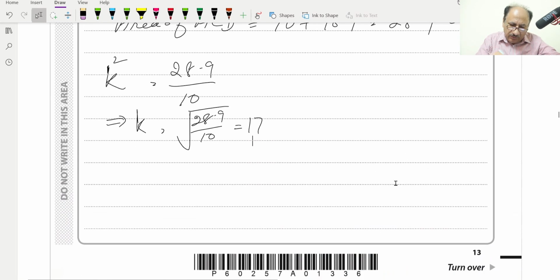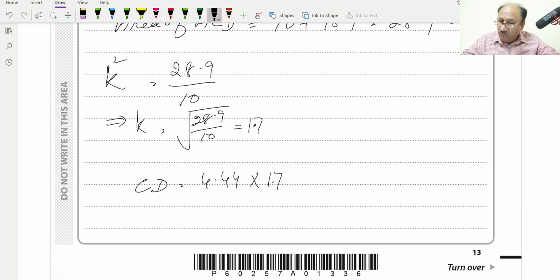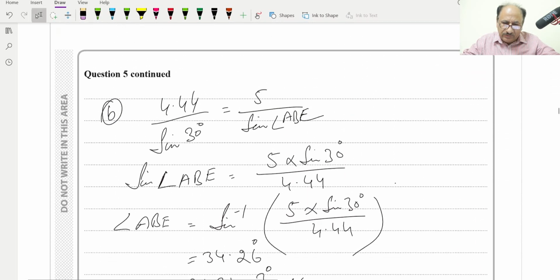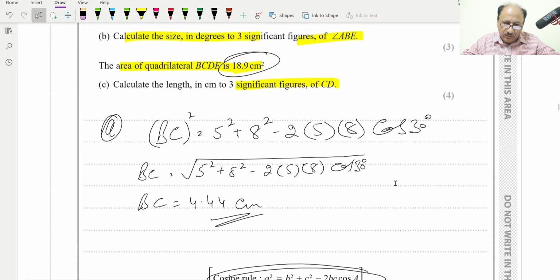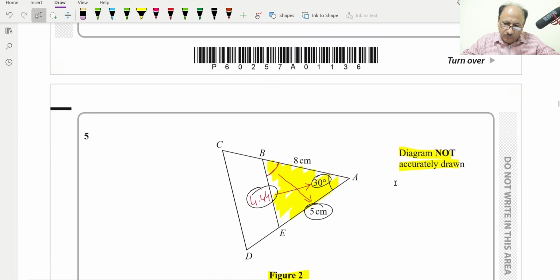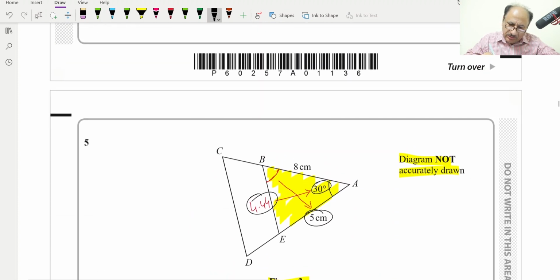So now we can find CD, which is equal to 4.44 multiplied by 1.7. 4.44 is this BE, which we found, and we will multiply it by 1.7 to get the length of CD.